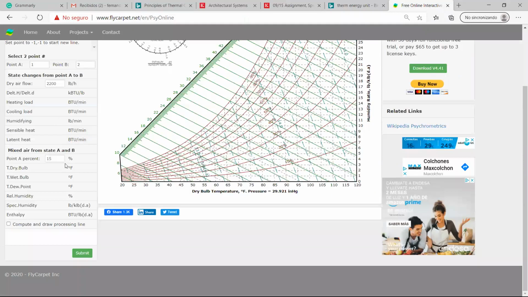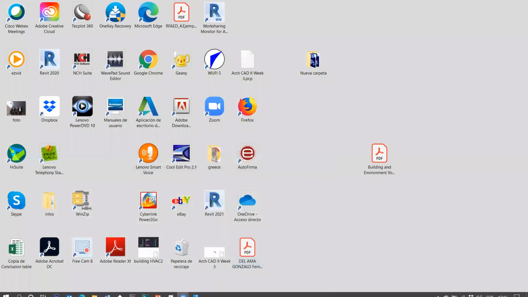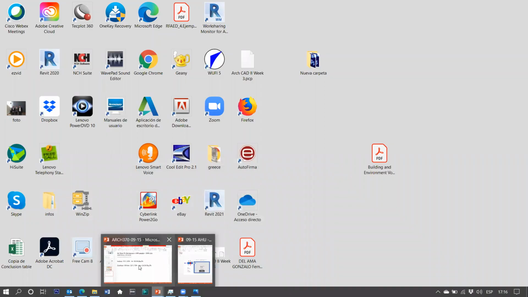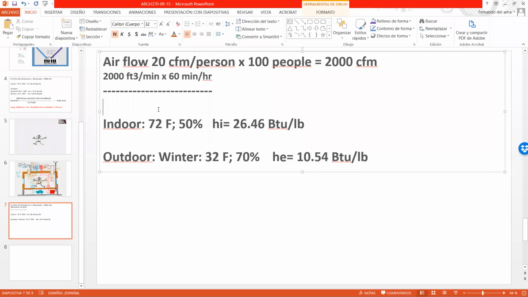What's the relationship between pounds and cubic feet? Again, the specific volume. So we have to divide this by the specific volume. And what is the specific volume? If you remember, we used 13 cubic feet per pound.